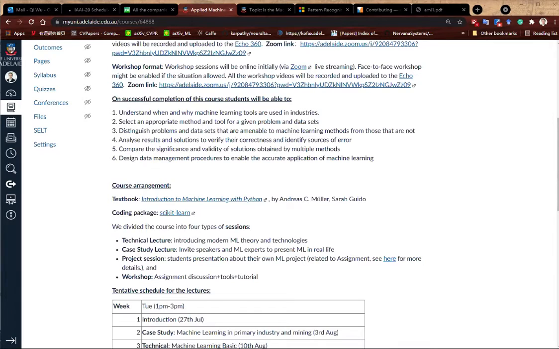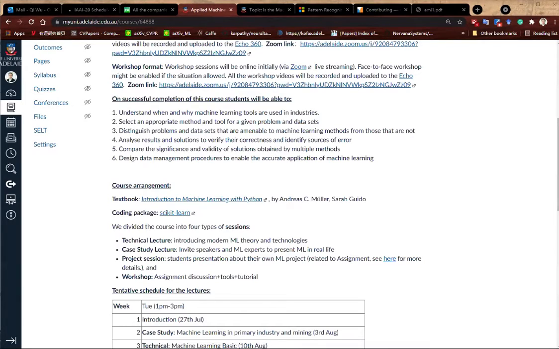Okay. Will this course focus on mathematics? No, never. In this course, we will not teach any mathematical things. As I mentioned, we will show you different case studies. We will invite a lot of guest speakers. They are experts in different areas. Some people are from the university, they are researchers, and they are developing algorithms.